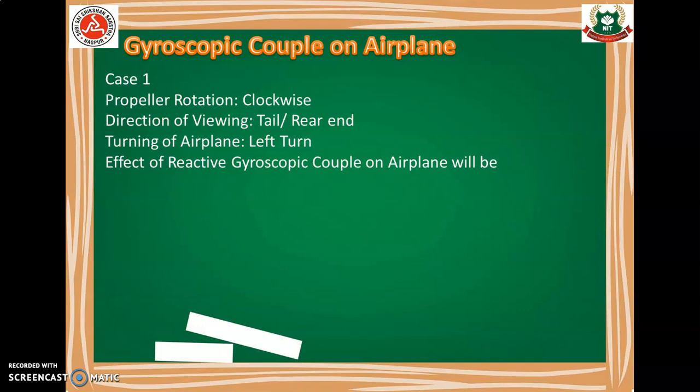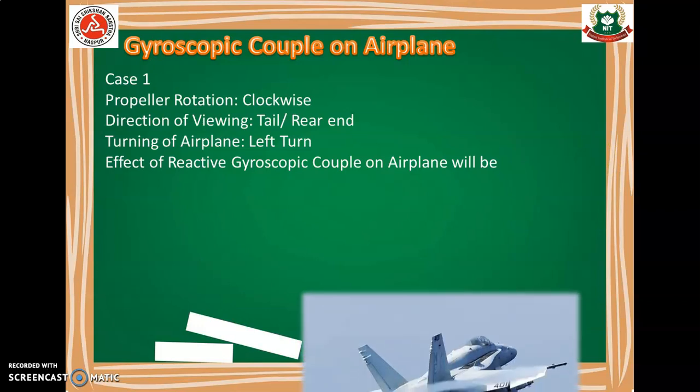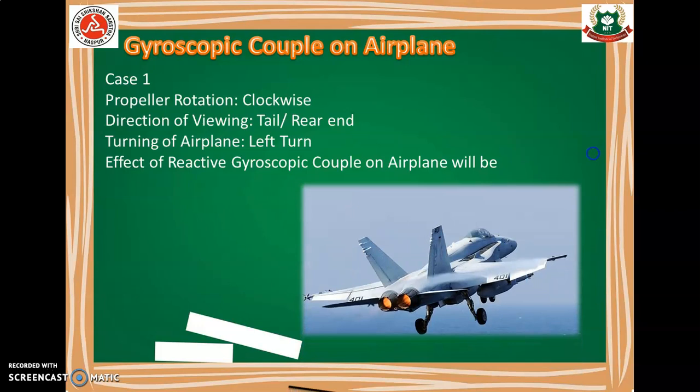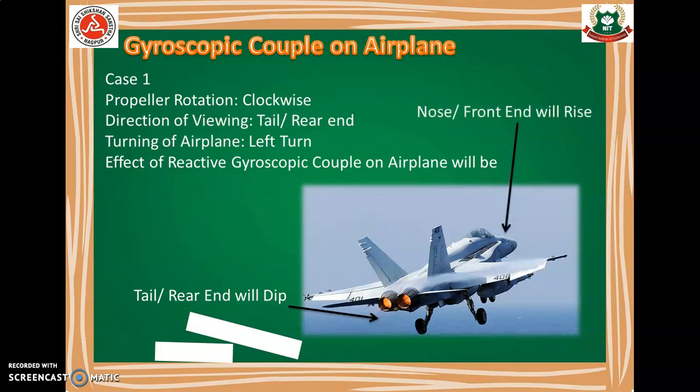The effect on an airplane will be, first, the tail end, that is the rear end, will go in the downward direction. Means the tail end will dip, and number 2 is the front end, which is also called as nose, it will rise.